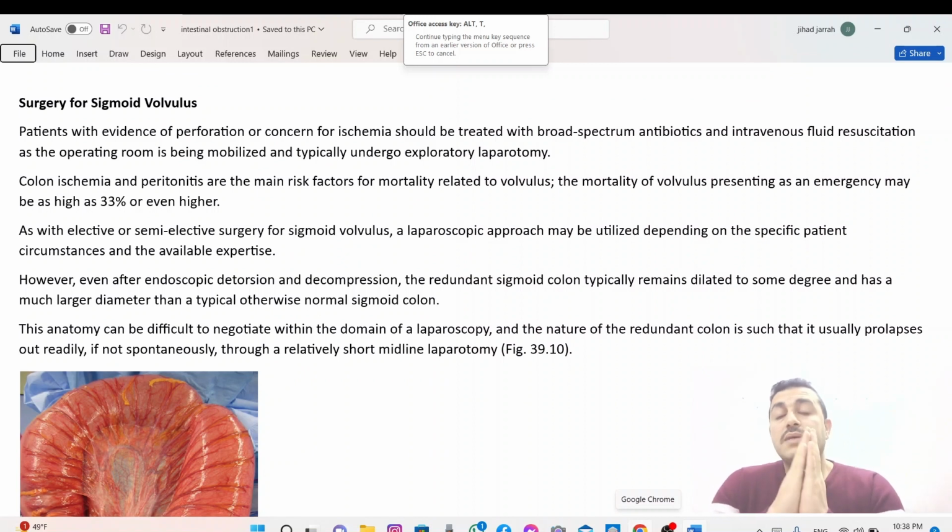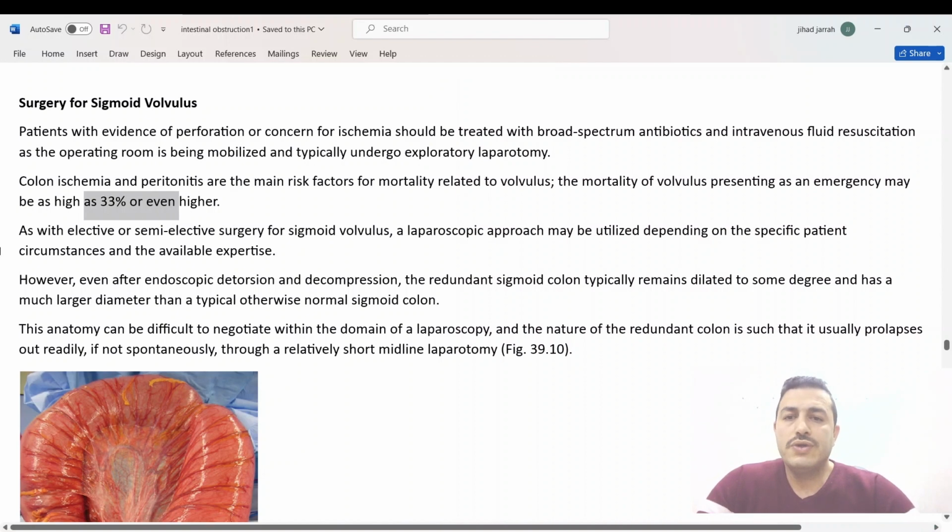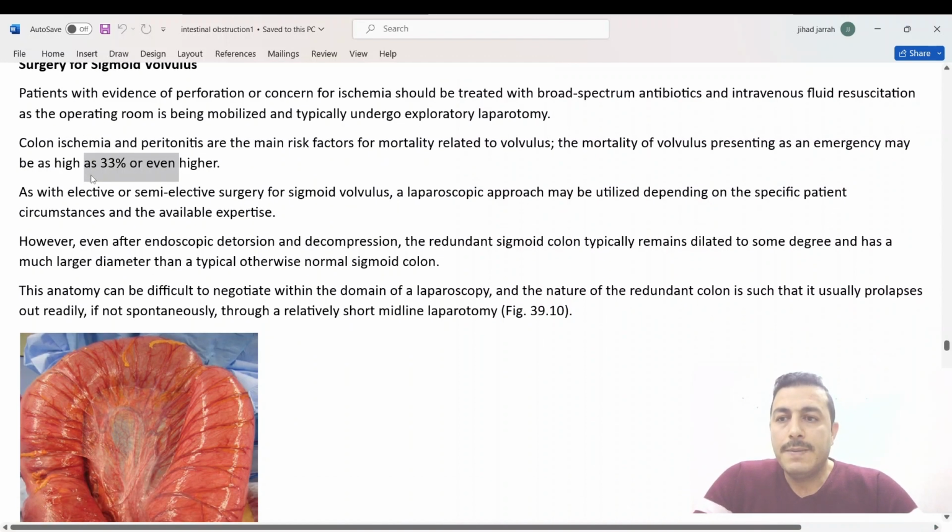Surgery for sigmoid volvulus, as we said, is usually mandatory. We proceed for surgery after successful detorsion, and we may proceed directly to surgery if there is evidence of ischemia or perforation. The mortality rate, as we said, in perforation and signs of ischemia is up to 40%.